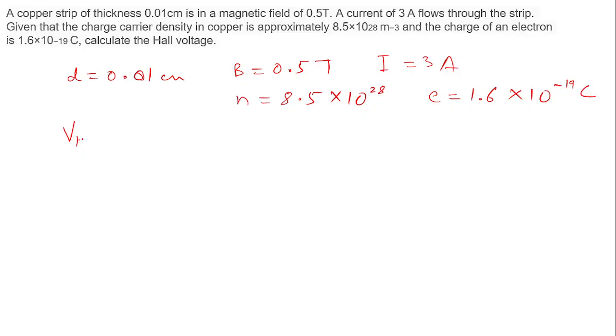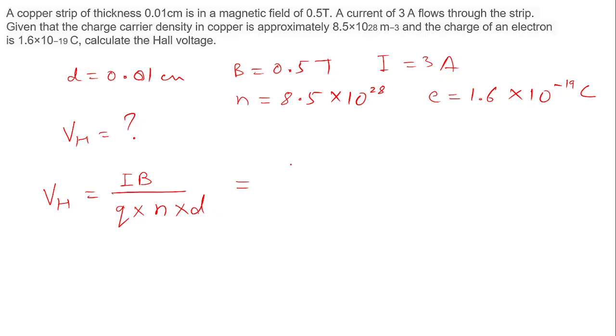Calculate the Hall voltage. So the direct formula we know is that VH is equal to current multiplied by magnetic field divided by charge, charge carrier density and thickness of the sample.